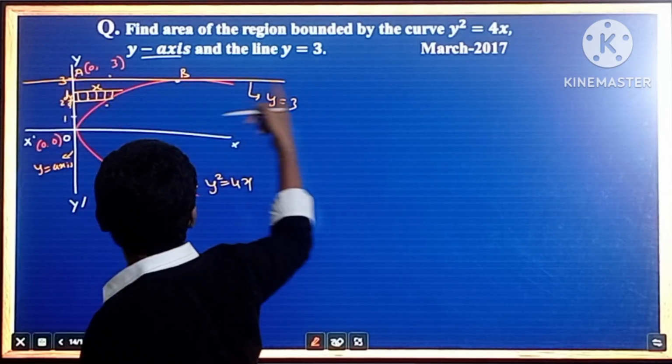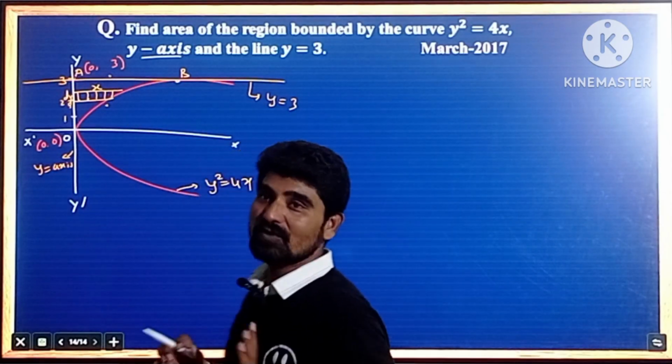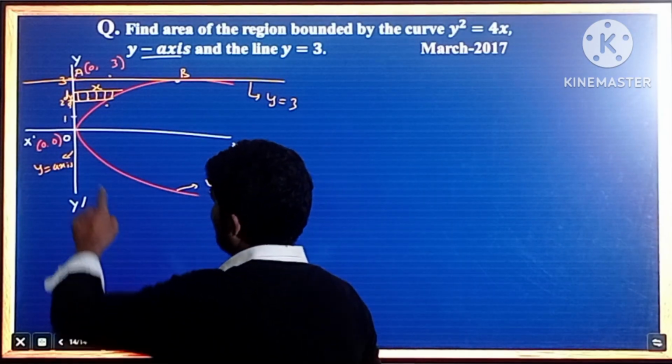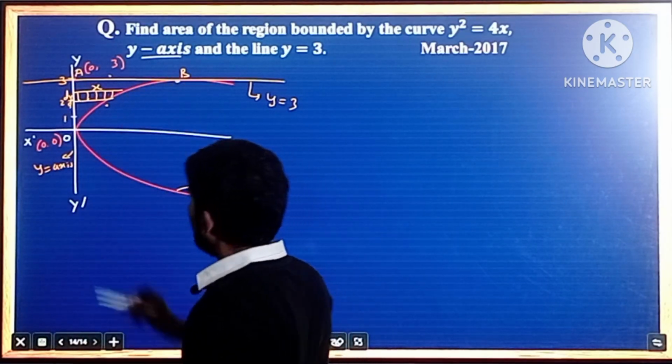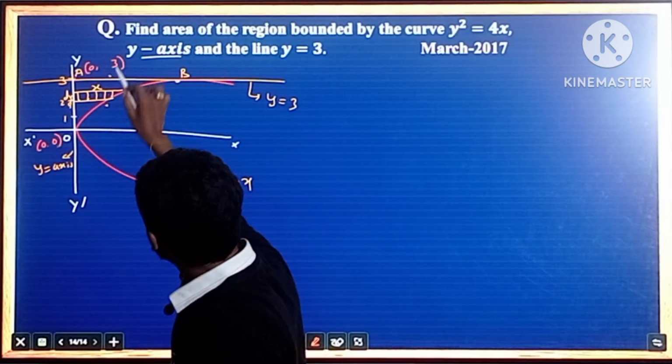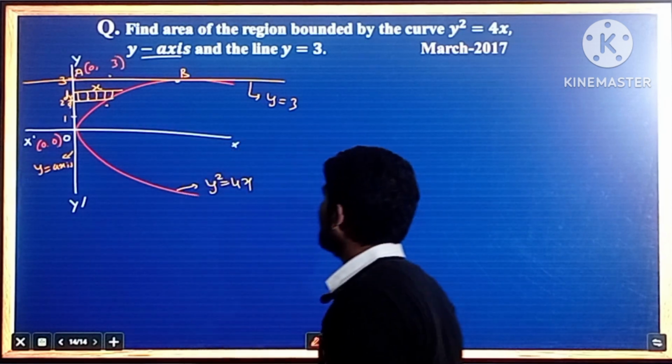For any point on this line the y coordinate is always equal to 3. Therefore for the area OAB, y varies from 0 to 3. I hope all of you understood.